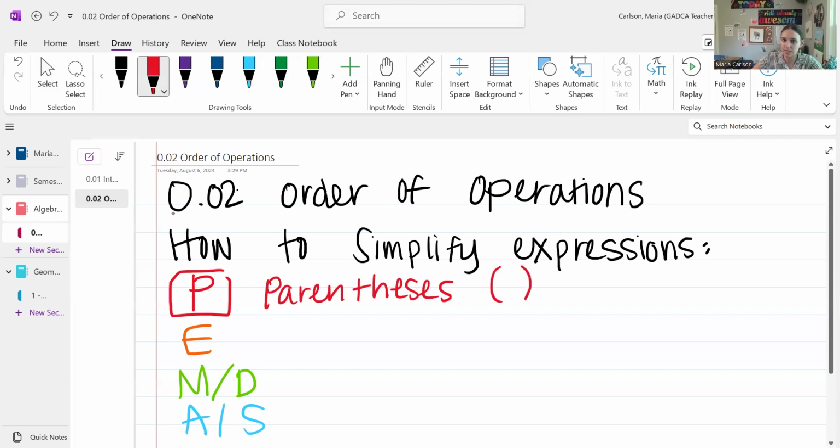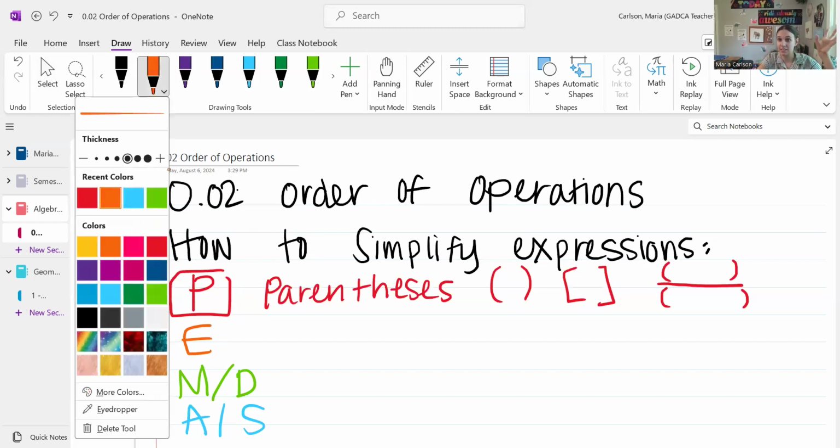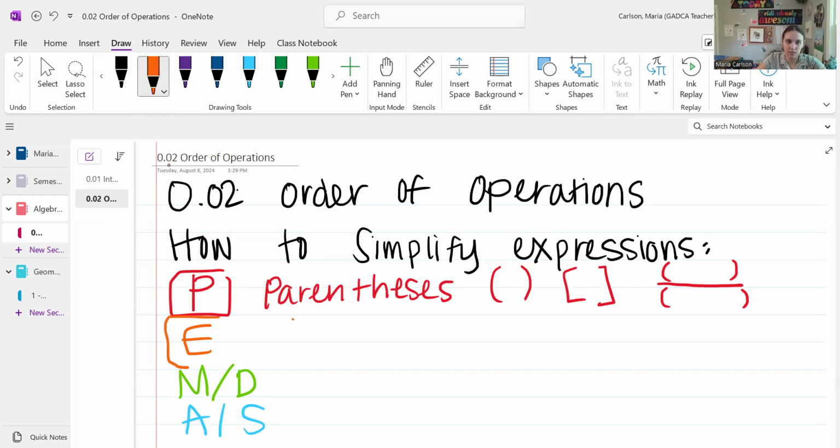So whether it's parentheses, brackets, curly braces, sometimes fractions where you have numerators and denominators, those are methods of grouping. You will always want to look at and simplify, clean up the inside of your parentheses first.